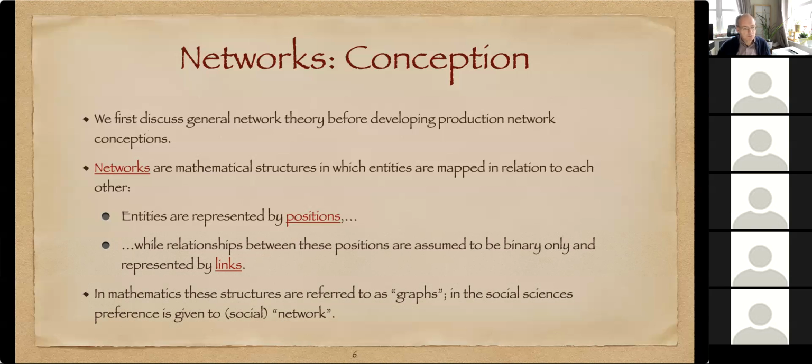But the word graph came from when you write down a network, you essentially map the network on a piece of paper with those positions represented by nodes, and then the links are connecting these nodes. So that is where the name graph is coming from. Now, in the social sciences, these things we call networks, and we will stick to that here, of course.